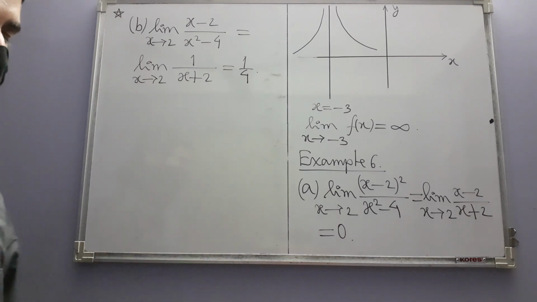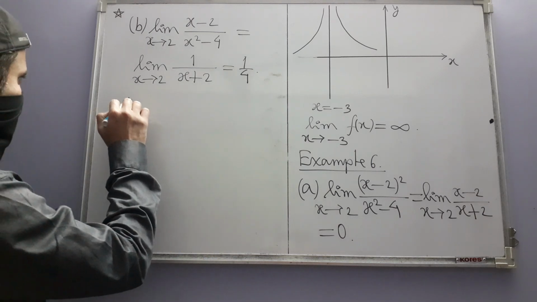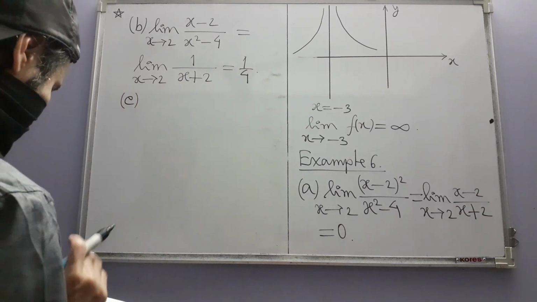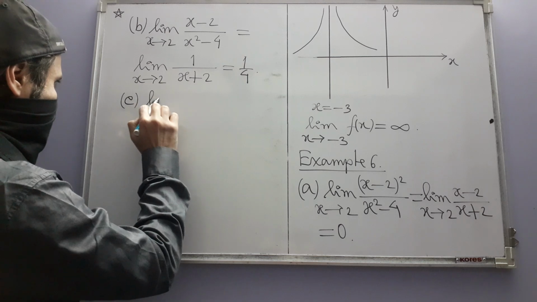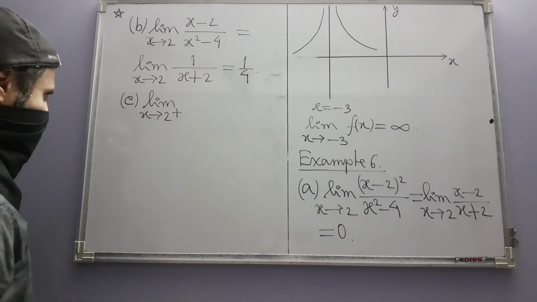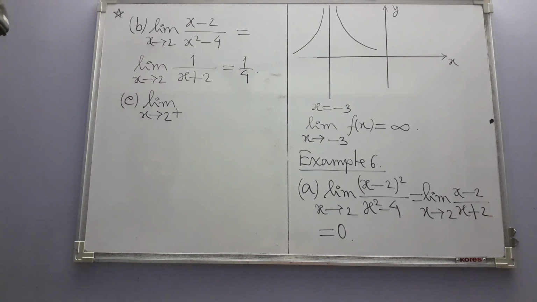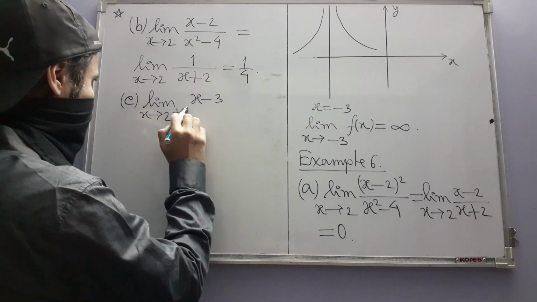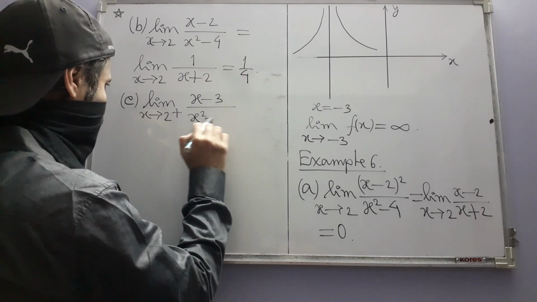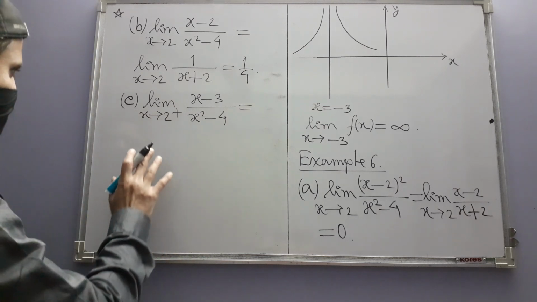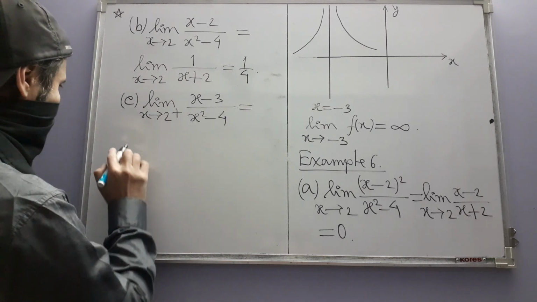Ordinary limits exist in these cases. But next comes this. This is a one-sided one, 2 plus, of (x minus 3) over x squared minus 4, and there is a high chance of making a mistake here.